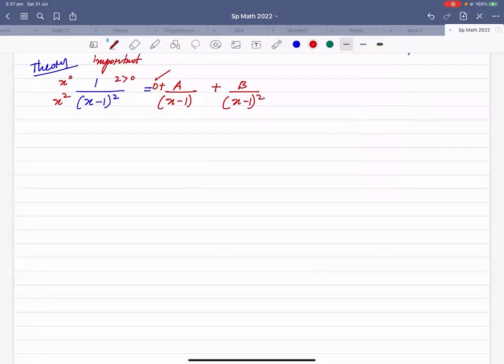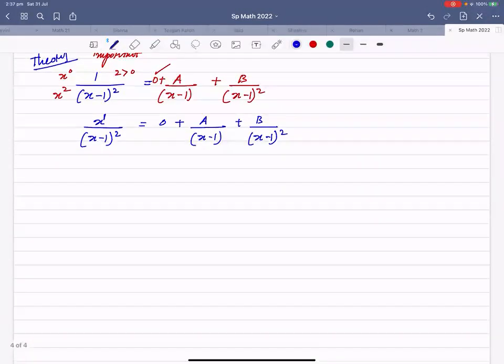Now, for example, if you have x divided by (x minus 1) squared, then still you can see it's 1 here, so no problem, you can go with this. So a divided by (x minus 1) plus b divided by (x minus 1) squared.